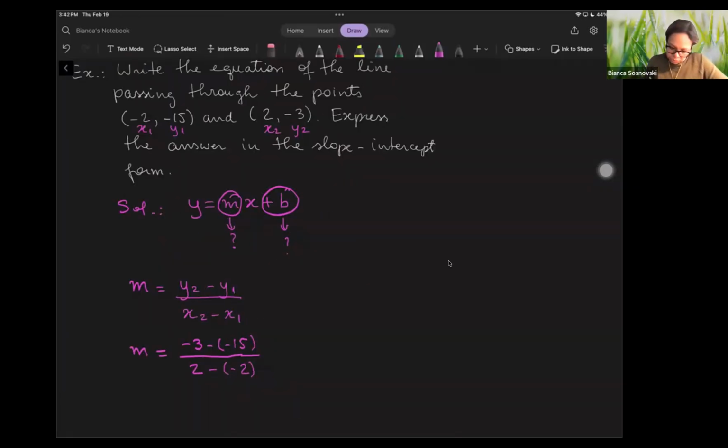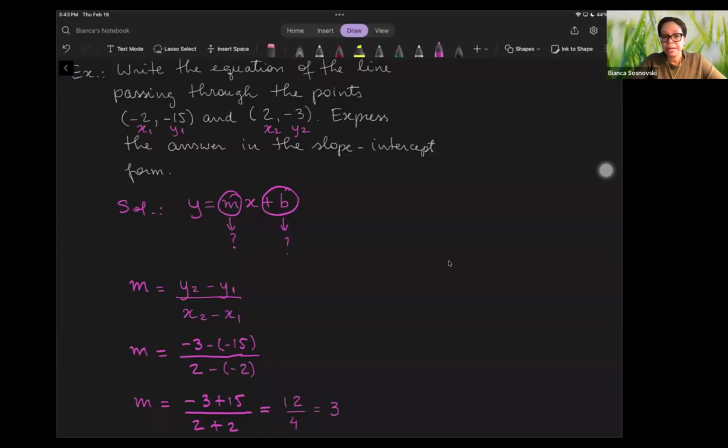All right, so after I plug in the numbers, I have -3 plus 15, or 15 minus 3. And I divide that by 2 plus 2, which is 4. So I have 12 divided by 4, which is 3. So the slope of this particular line is 3.